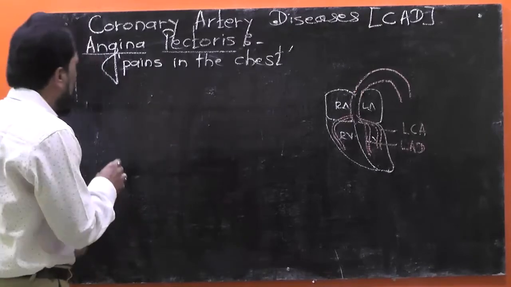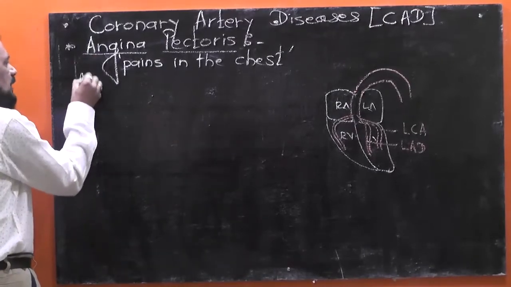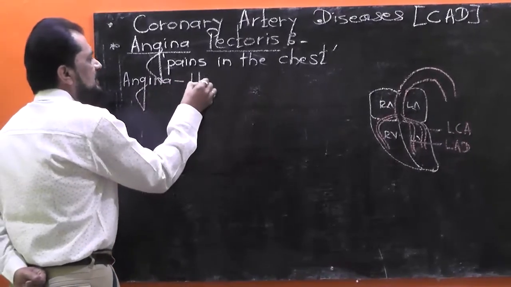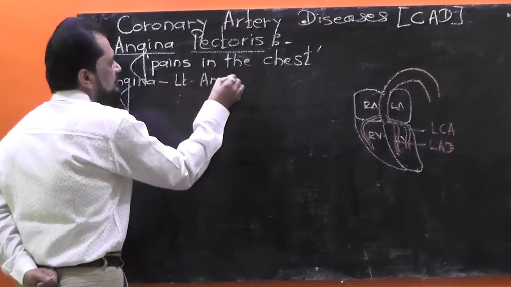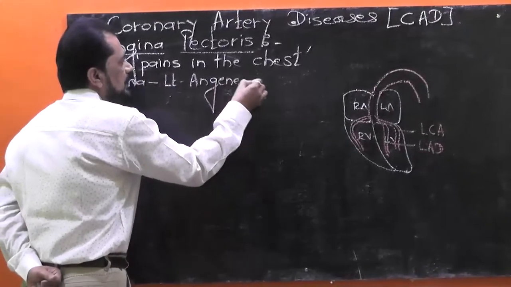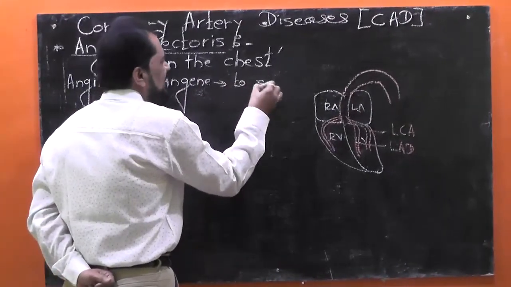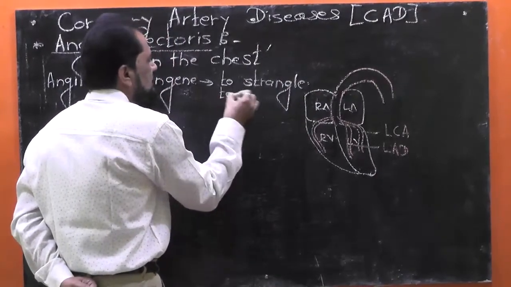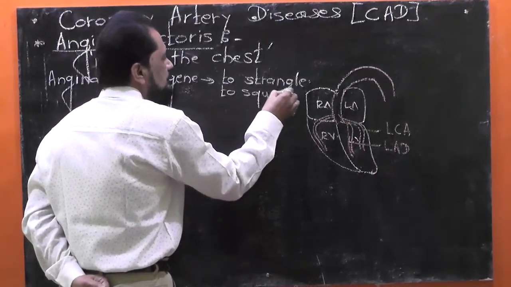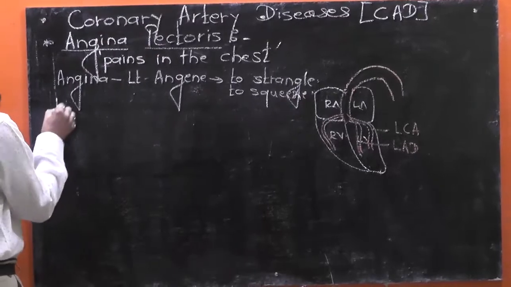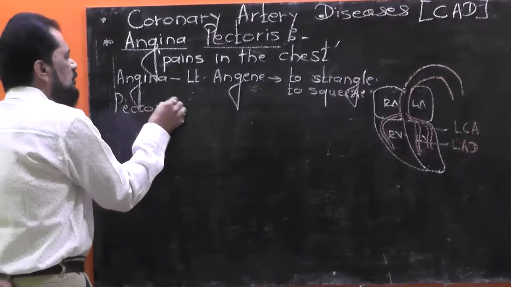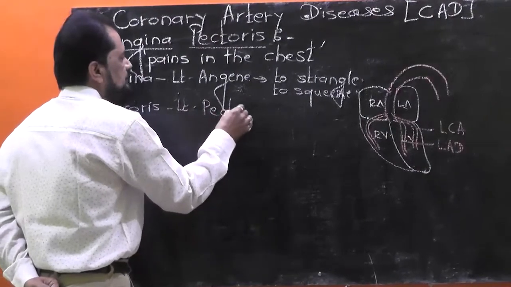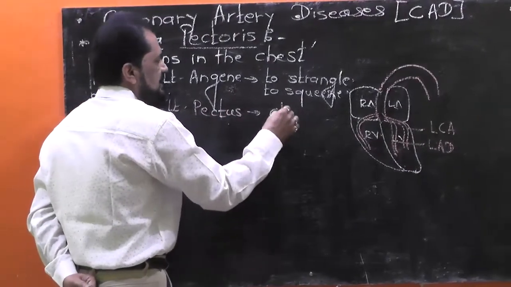Let me tell you, the term angina is derived from the Latin term angere. It means to strangle or to squeeze. And pectoris is also derived from the Latin term pectus. It means chest.